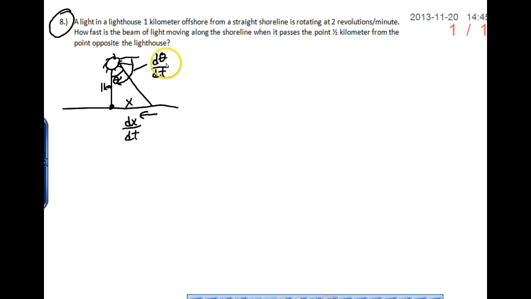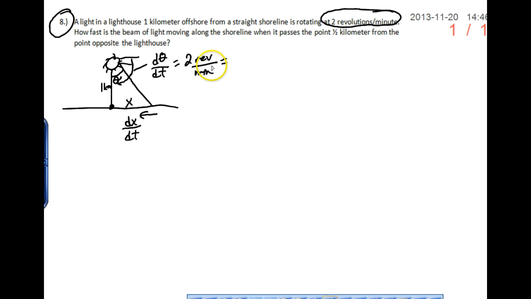So now, you are told that, going back up, it is rotating at 2 revolutions per minute. So that is the d theta/dt. Now, what does a revolution mean? Revolution means that it is spinning around 1 full time. So we actually need to turn that into an angular measurement.